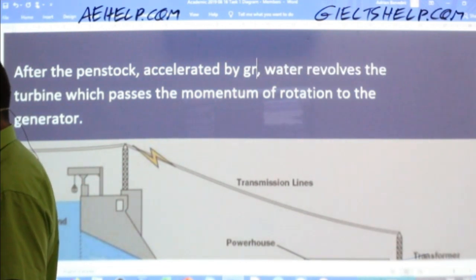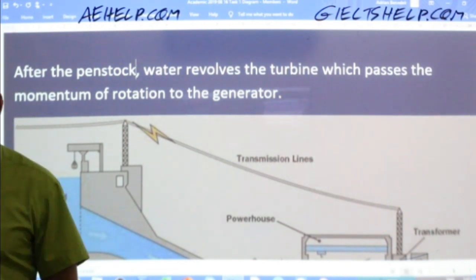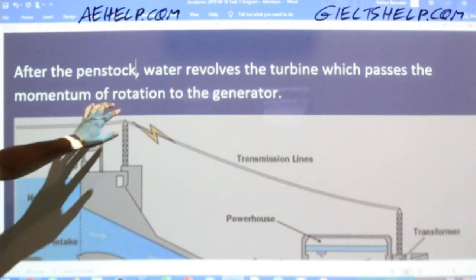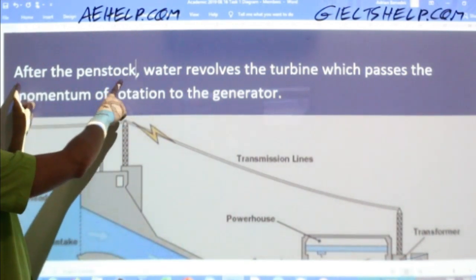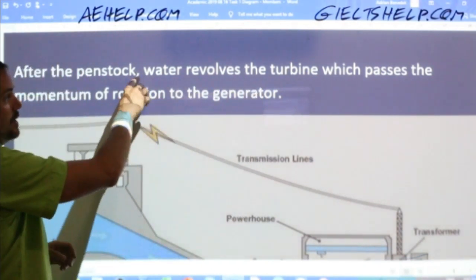So even if I don't have this element, okay, so even if I don't have the accelerated by gravity, I need this comma because this is my dependent clause and this is my independent clause. So there's no way to omit this comma.